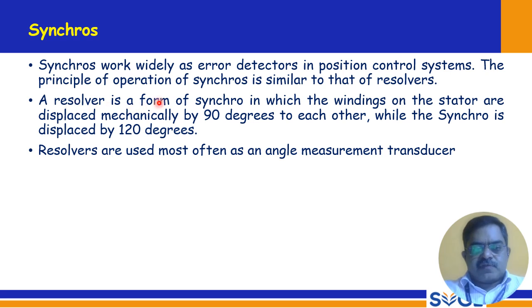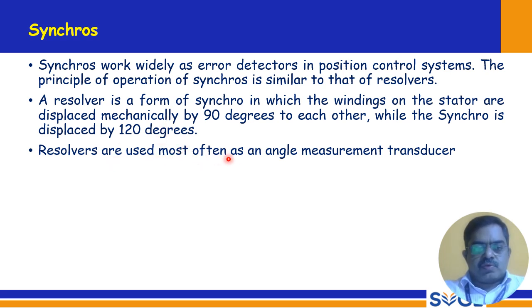A resolver is a form of synchro in which the windings on the stator are displaced mechanically by 90 degrees to each other, whereas in synchro it is 120 degrees. So the angle within which we can measure the rotary motion is larger.